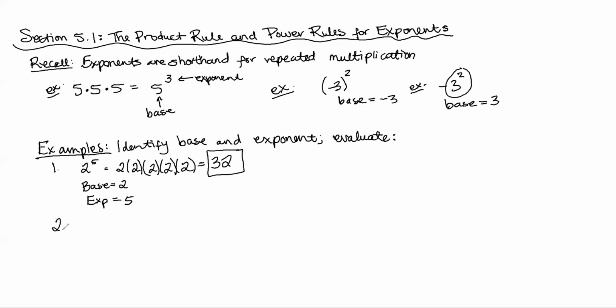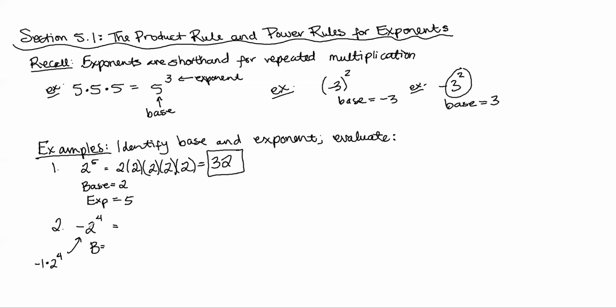All right, number 2, -2 to the 4th, no parentheses. Since there's no parentheses around this 2, you want to think of this like -1 times 2 to the 4th. Think about it like when you have a -1x, but you don't write the -1 in the front, you just write a negative.